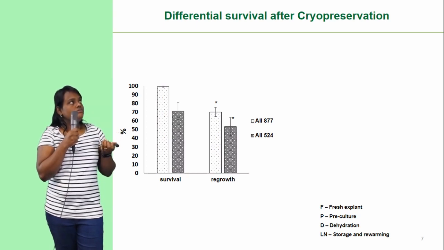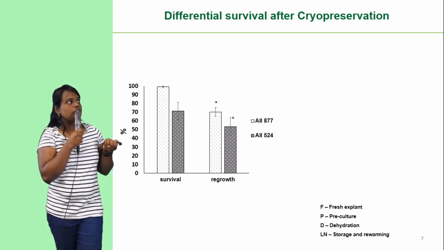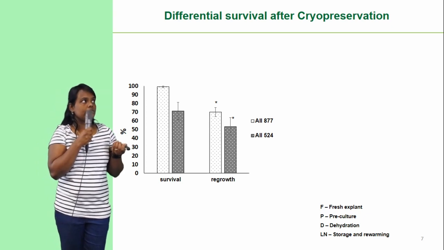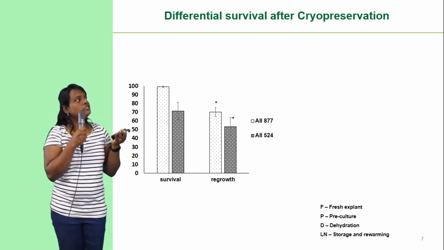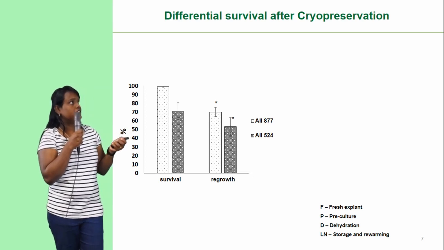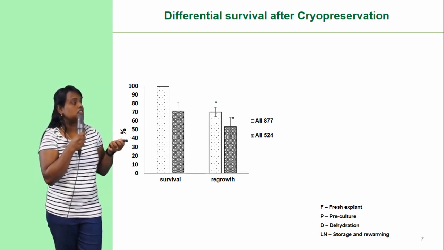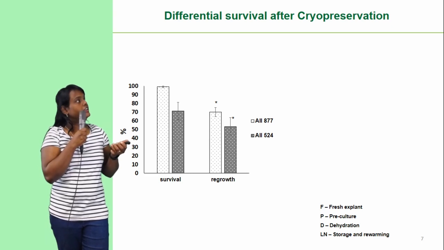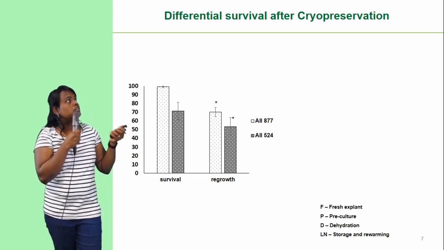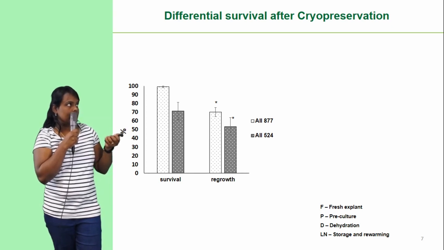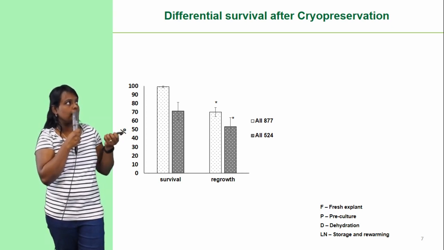To study the first aim, I have taken two different genotypes, Allium 877 and 524. After cryopreservation, the survival of Allium 877 is around 97%, and with Allium 524 it is around 69%. So we see a decrease in Allium 524.